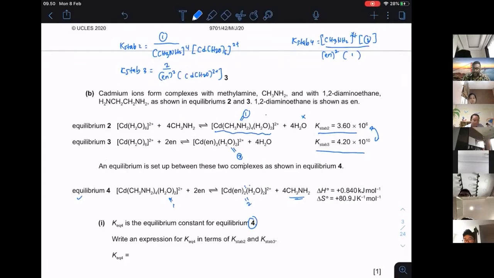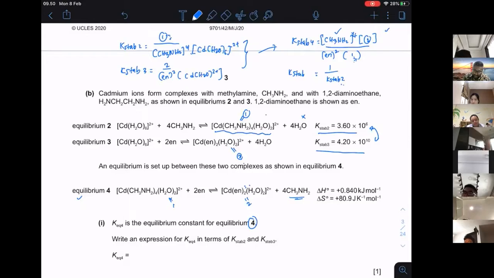So how do I actually get this 1 from these two equations? You can see 1 over this. This 1 is at the bottom. So what I will do is K step equals 1 over K step 2. If I do that only, I will get the 1 below, and this one will go up.